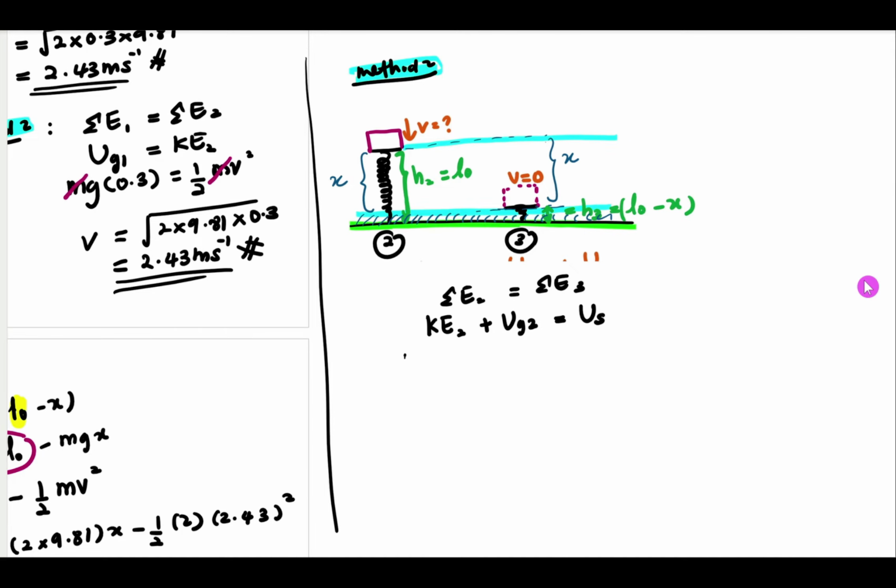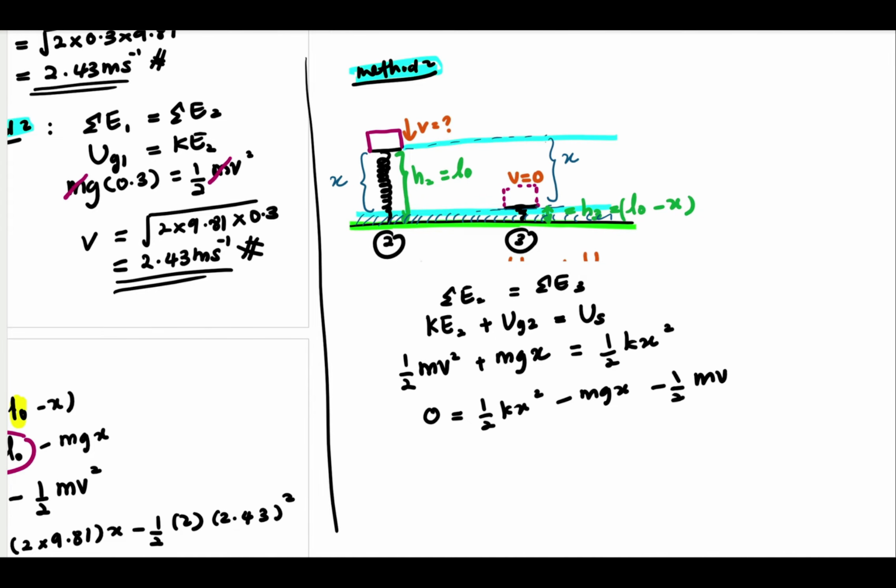So, you can write half mv squared plus mg, height of the object in diagram number 2 adalah x, equal to half kx squared. Okay, so here, this is still a quadratic equation. So you can see here, we're going to have half kx squared, mgx bawa pergi sebelah, half mv squared.